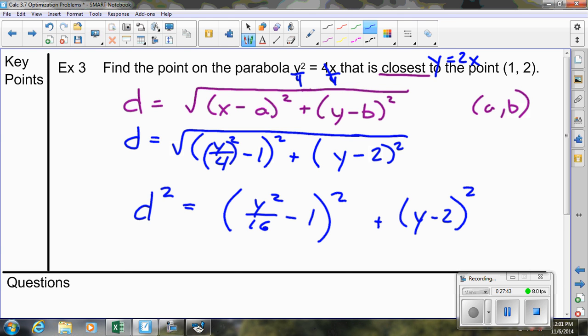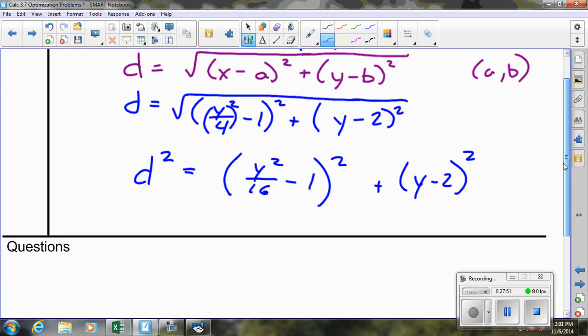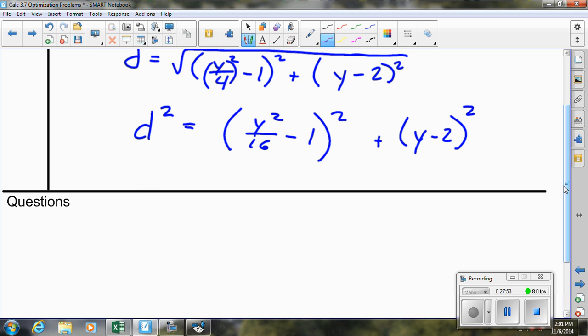Well, let's take our derivative. Let's find our critical values, and let's check to see what we wind up with. So we would have the derivative of d squared with respect to y.